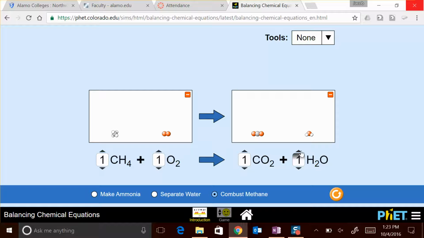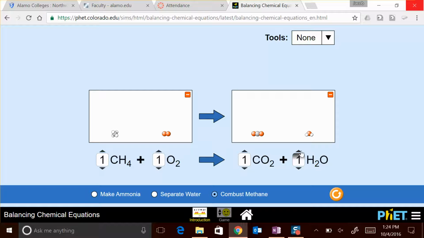So, let me tell you a secret. Don't try to balance the oxygens. Leave them to the end. Because you see how oxygen's all by itself right here? Because it's all by itself, if I leave it to the end, I can change it to be anything I want it to be to make the balancing work.